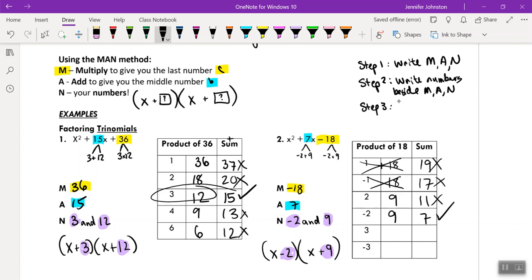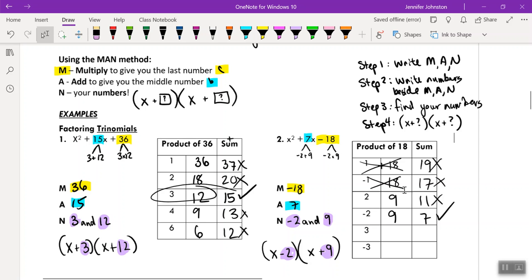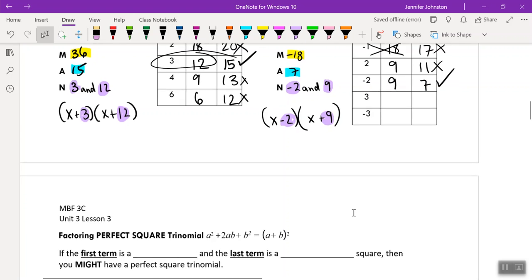Step 3 is to find your numbers. And step 4, you need to write it in terms of x plus your number and x plus whatever number you have found. Okay, press pause to write that down.